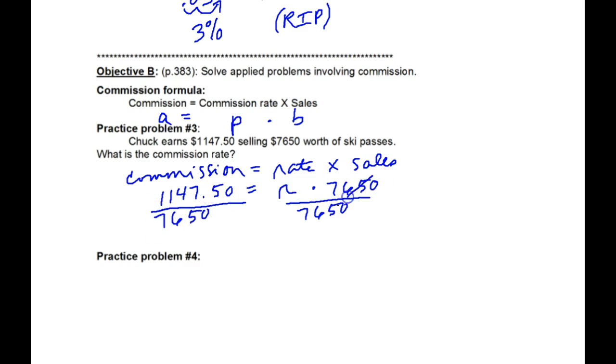So on the right hand side, 7650 divides off and you get rate. On the left hand side you get 0.15. And of course that 0.15 is actually 15%. We're going to go right into percent. So he had a nice healthy amount of commission there.